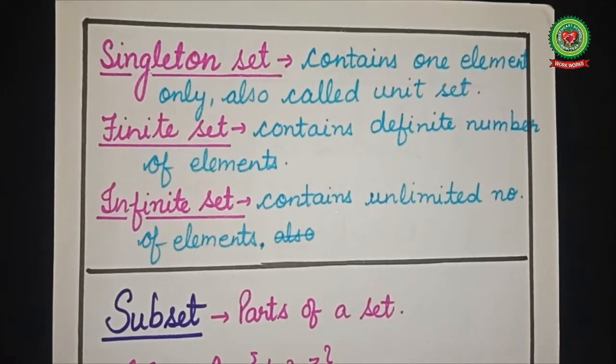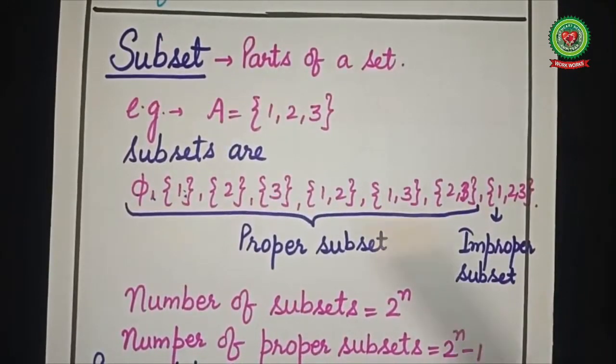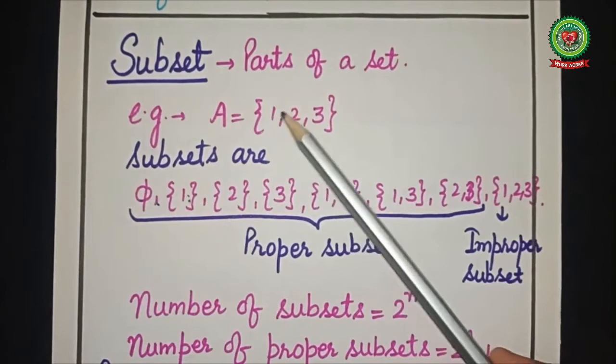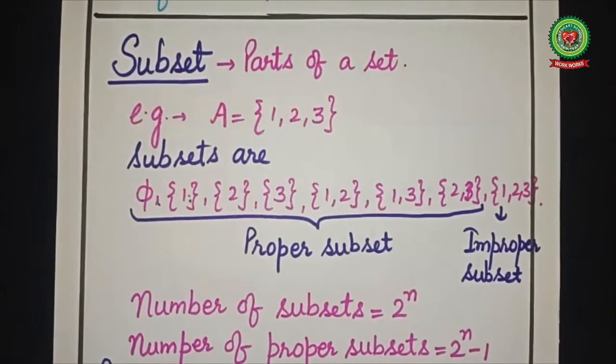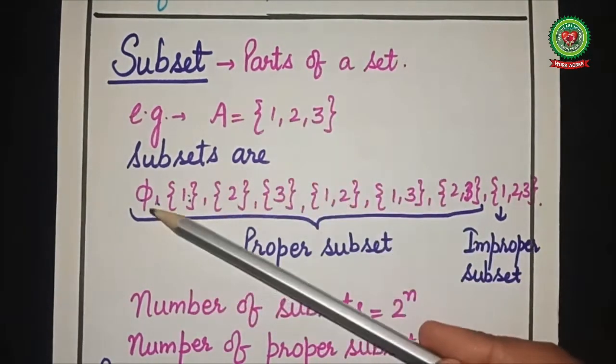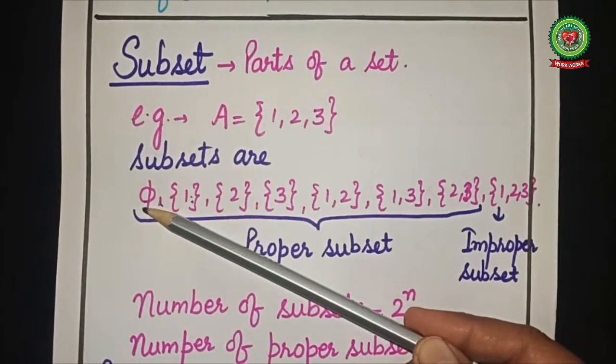Now, next is subset. Sub means part of a set. For example, if A is a set containing the elements 1, 2 and 3, we have to write down its parts. So, its subsets are phi. Firstly, the empty set is a subset of all sets.